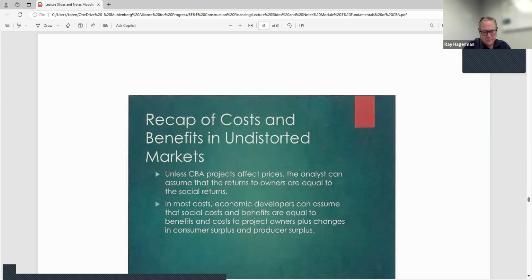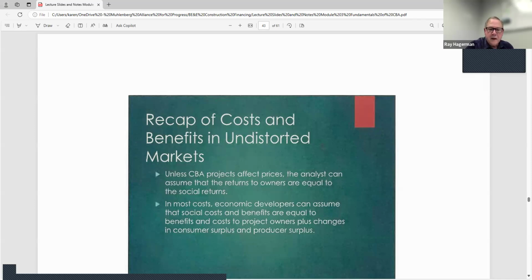Just to recap this a little bit, unless CBA projects affect prices, we can usually assume that the returns to owners are equal to society, and we know that that isn't actually going to be true in almost any situation, but it's something that we would like to see happen.